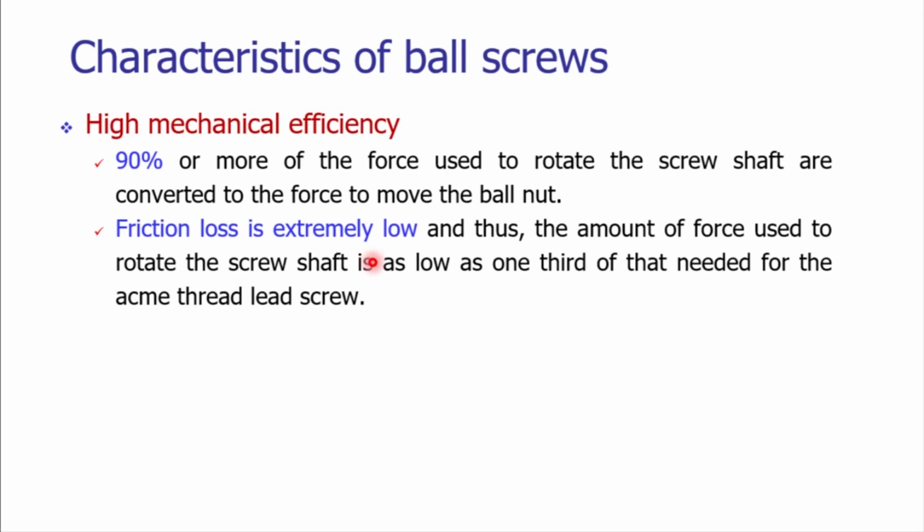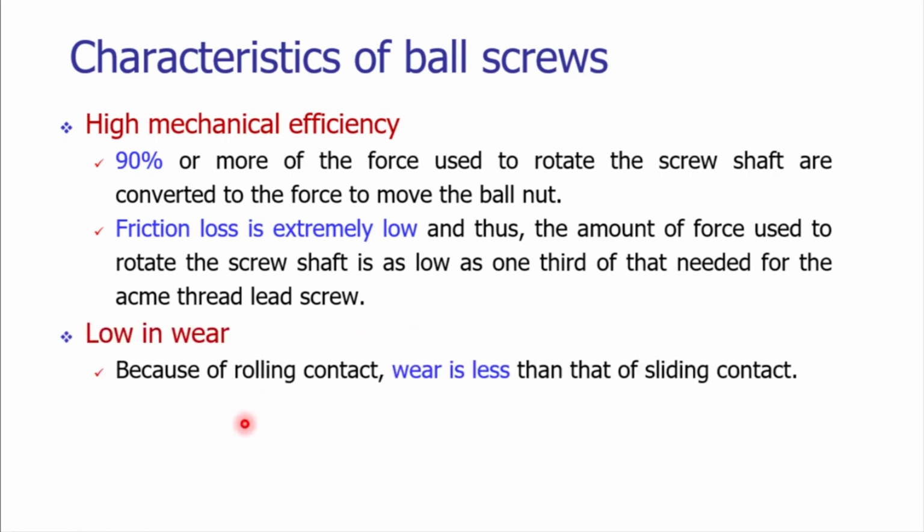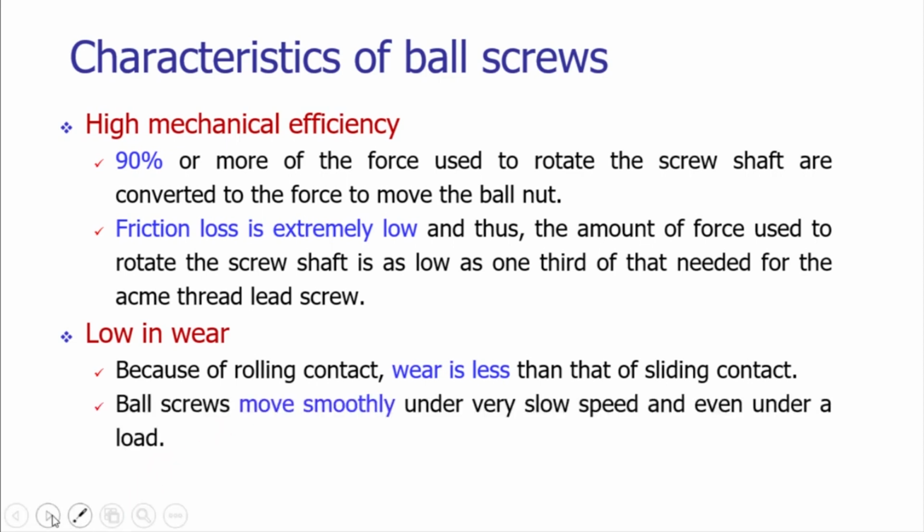The losses due to friction are very low, so a small amount of force is used to rotate the screw shaft. As we are using the rolling friction, the wear and tear of the contact parts is less, and there is a smooth operation.